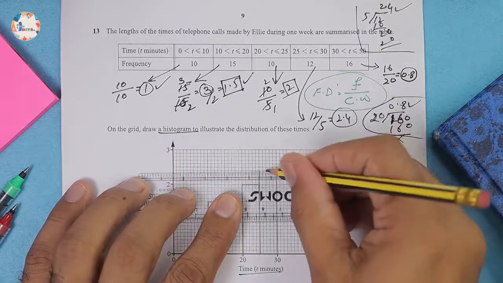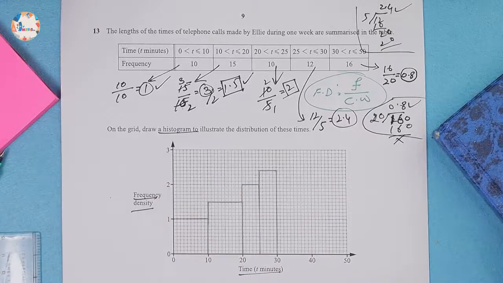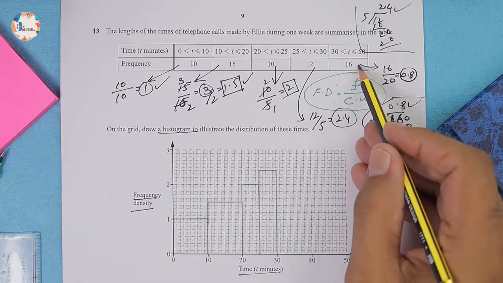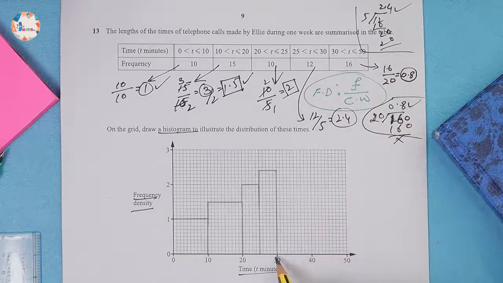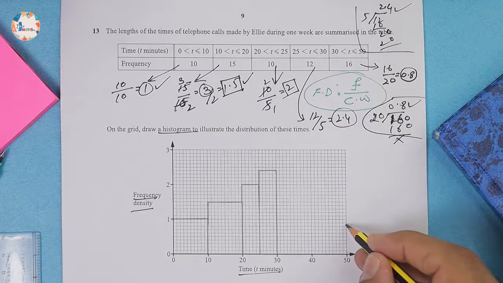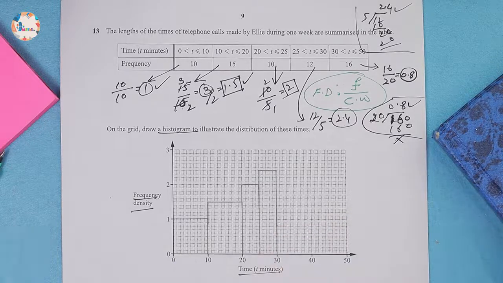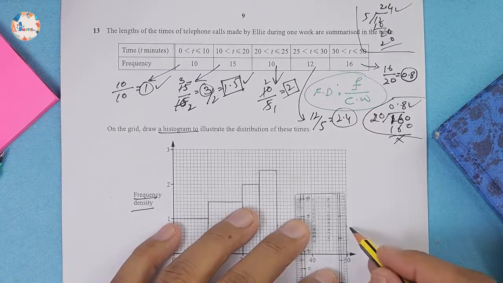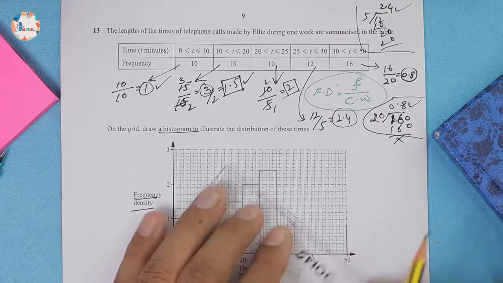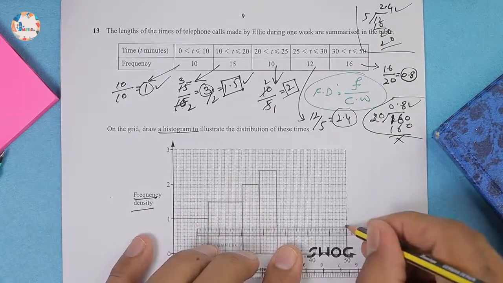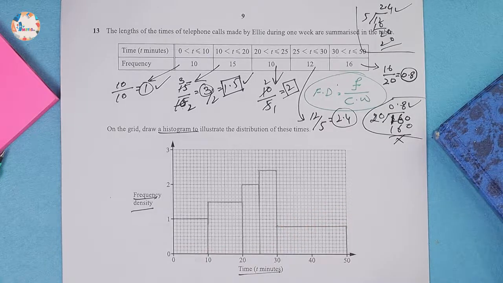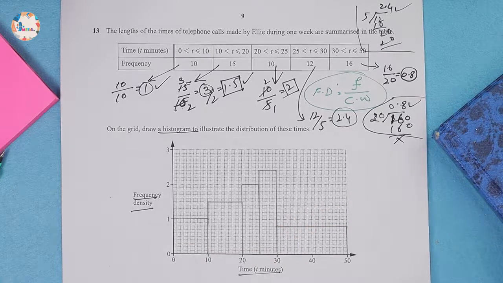I'm trying to be as explanatory as possible. And this one is 30 to 50. 30 to 50 will be the last bar, and it will be 0.8. 0.8 will be up to this mark, and we can join this point with this one and the top of the bar. Now this is the histogram which we are done with.